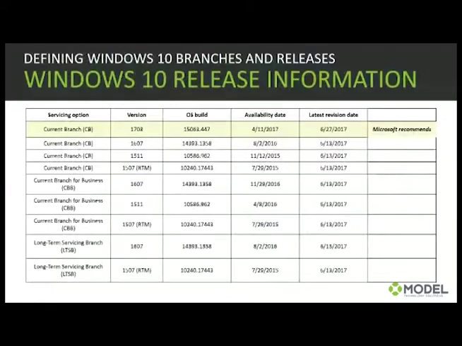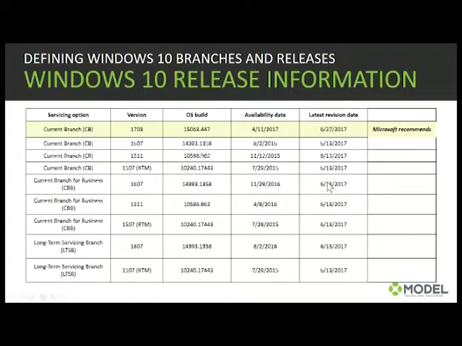All right, so let's look at the release dates for those different servicing models that we just brought up. Current branch right now is 1703. That is where we are with the current branch for Windows 10. The availability date was 4/11. The latest revision date was 6/27. If we skip down, we can see the current branch for business is actually a different version. It's version 1607. It was available in November of last year, and its revision date is recent, okay?